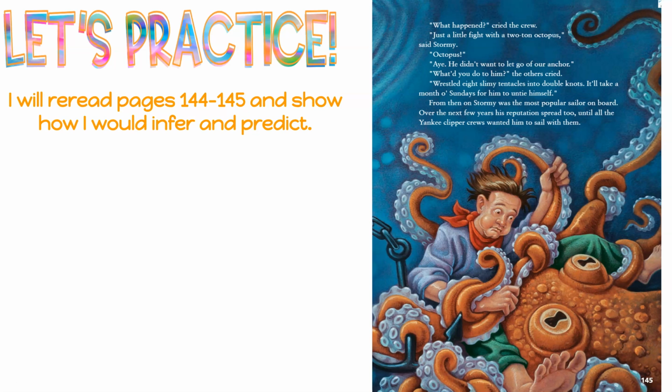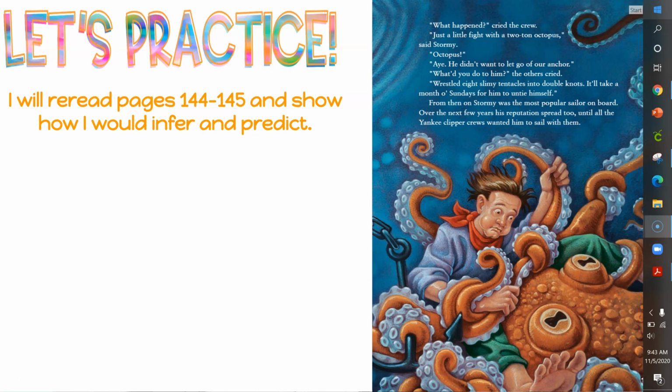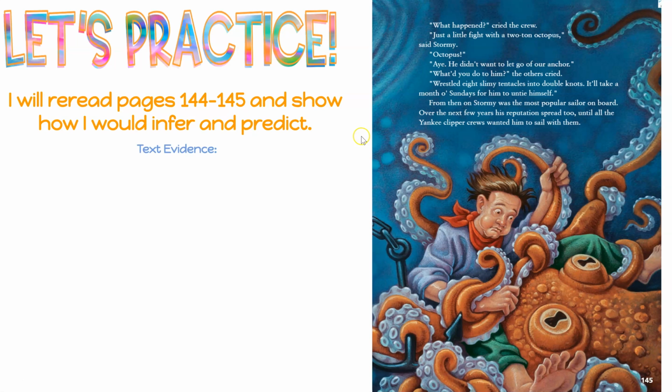It'll take a month of Sundays for him to untie himself." From then on, Stormy was the most popular sailor on board. Over the next few years, his reputation spread too, until all the Yankee clipper crews wanted him to sail with them. Let me take a look at my text evidence.